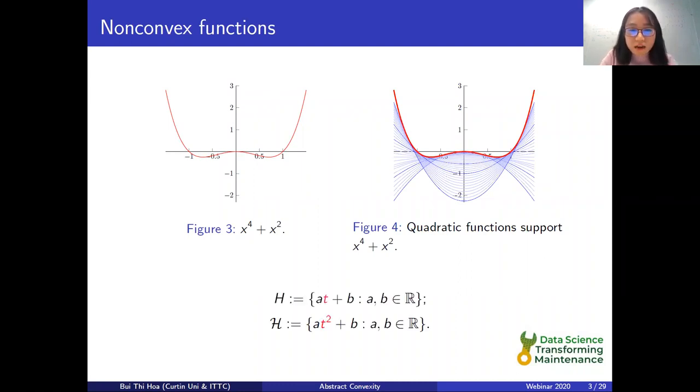So here, we change the linear functions by quadratic functions, and we have the same dimensions. This space H here is called the abstract affine space, and it has the same dimension as the other space H here.